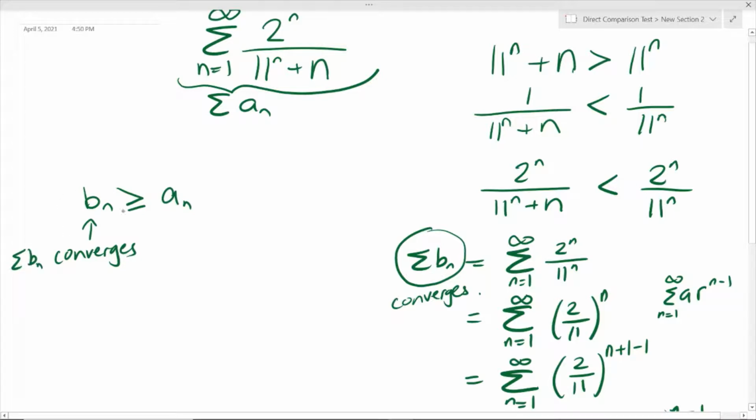If we know that this part converges, then An also converges.